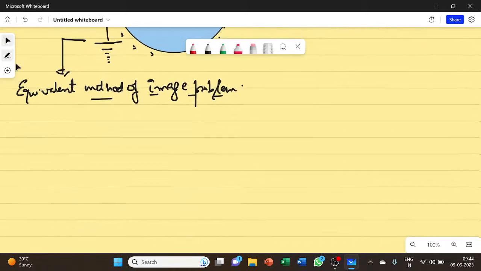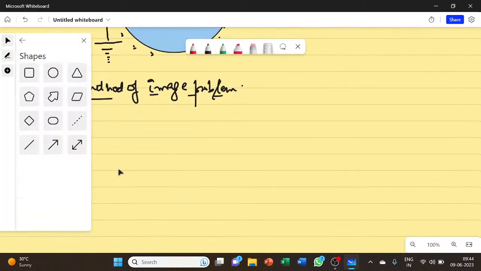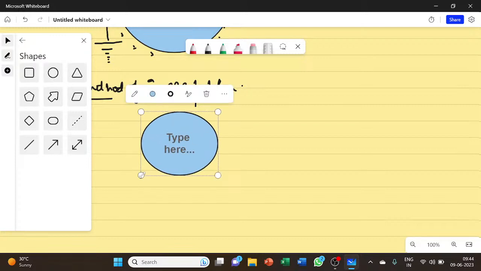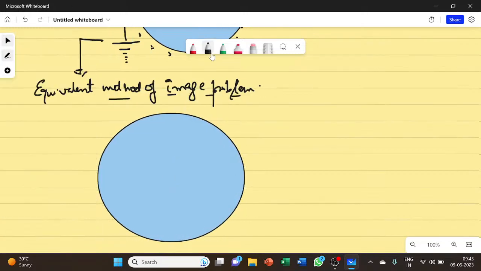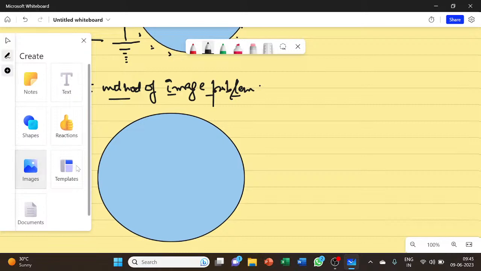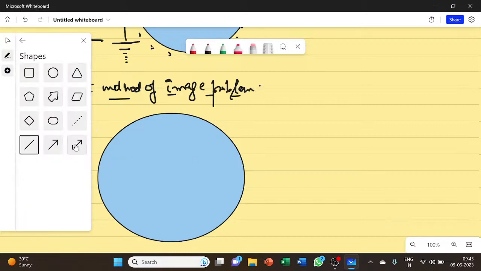Instead of this problem, I will replace it by using method of images. In method of images, we used to have an image charge, right? So here also we are going to put an image charge. Let's see how.